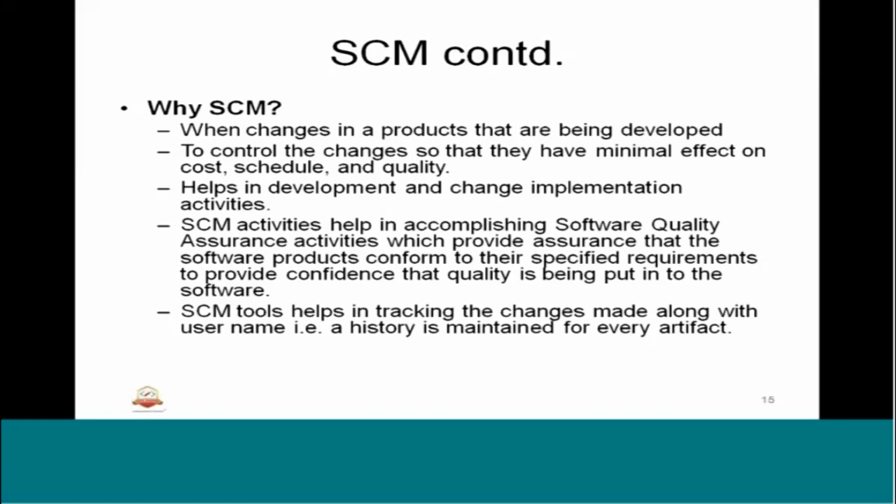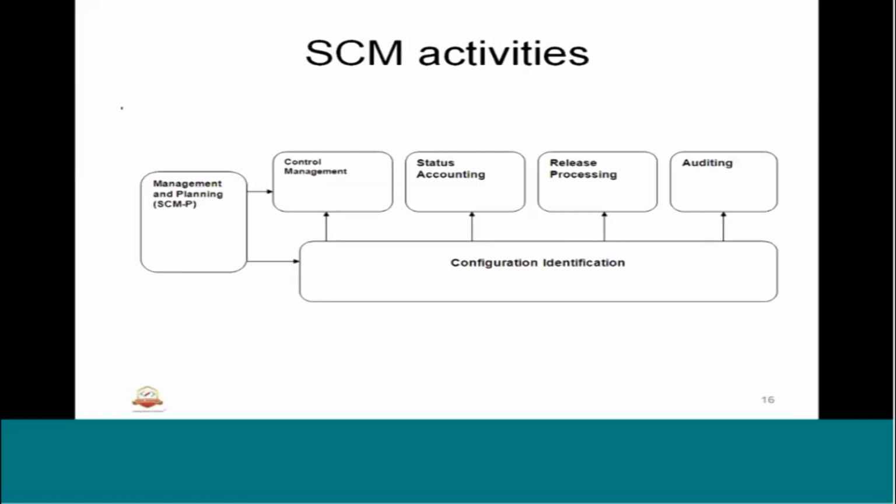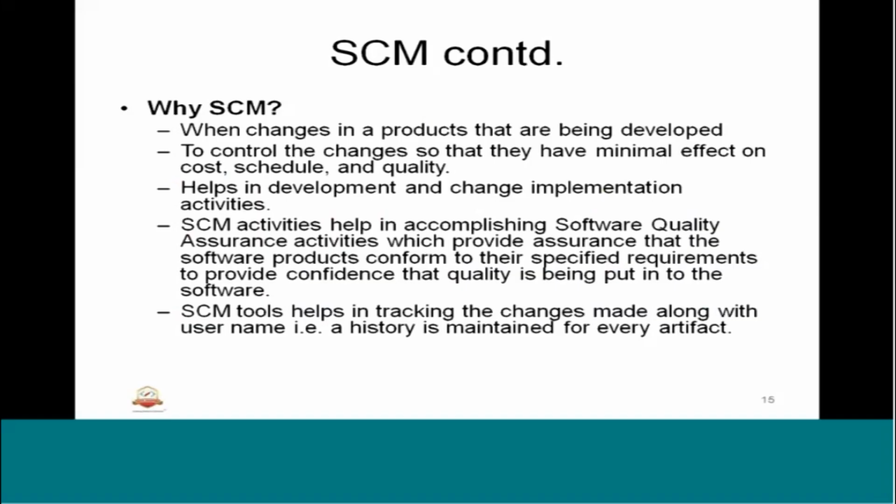So why SCM? When there are changes in a product that is being developed, we need software configuration management to control the changes so that they have minimal effect on the cost, schedule and quality. Basically we need to control the changes so that the impact is minimally mitigated and addressed. It helps in development and change implementation activities.